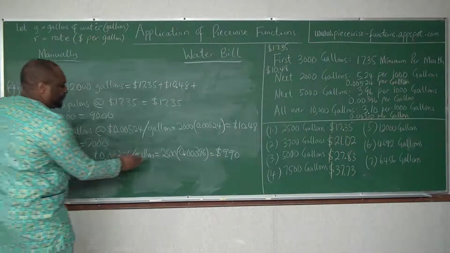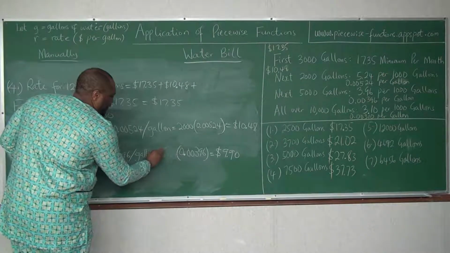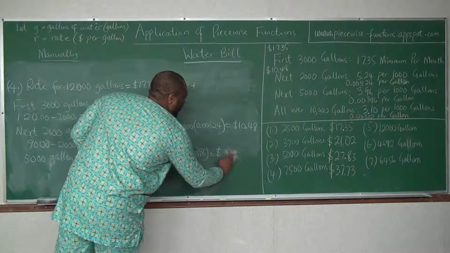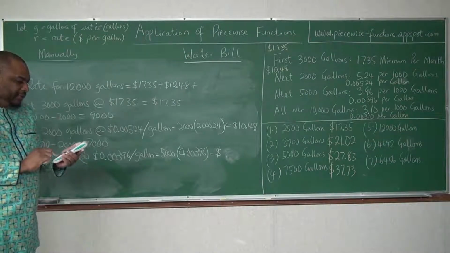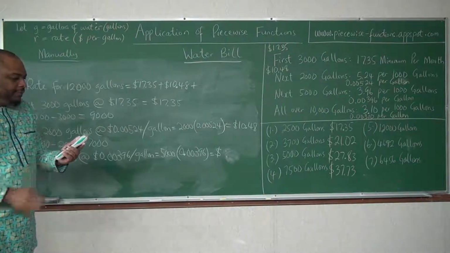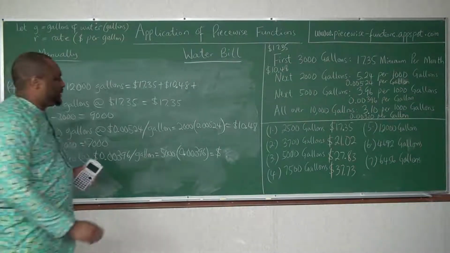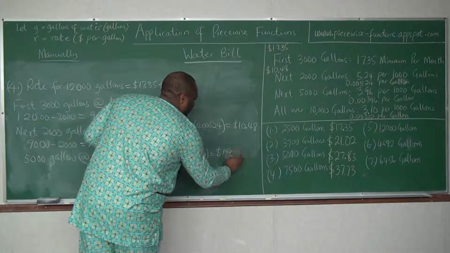You have 5,000 gallons here at 0.00396 per gallon. So this will give us 5,000 times 0.00396, and that is $19.80.